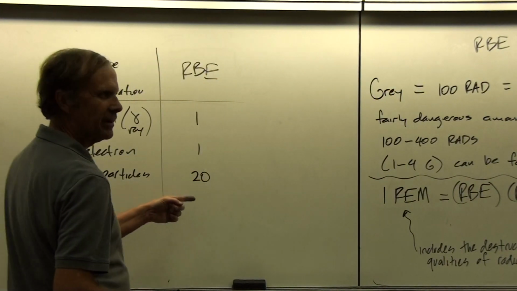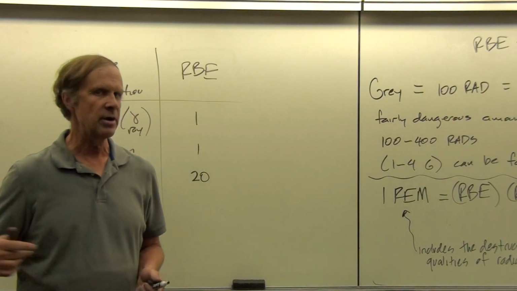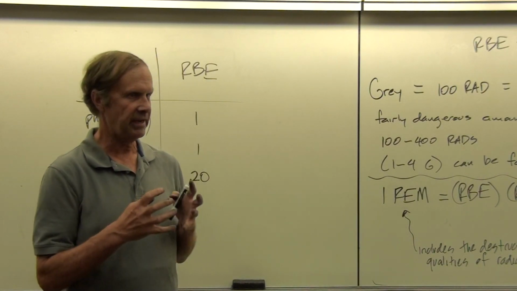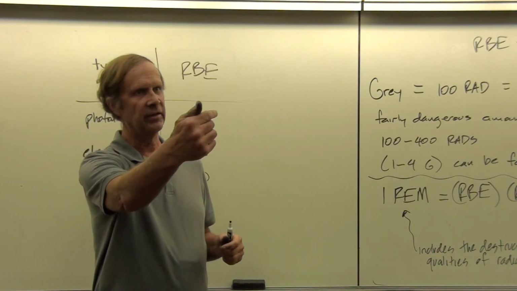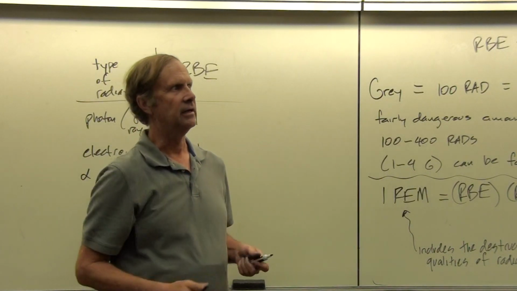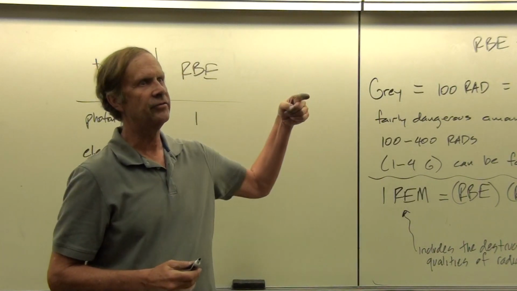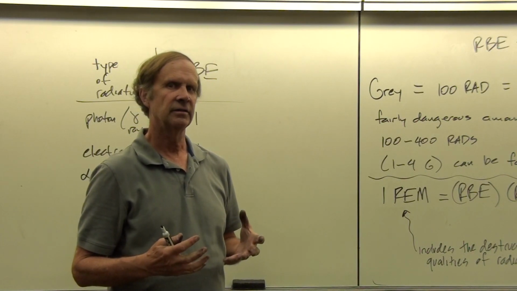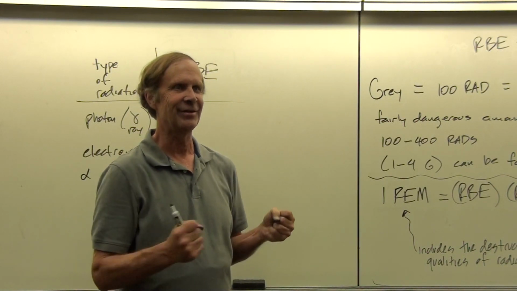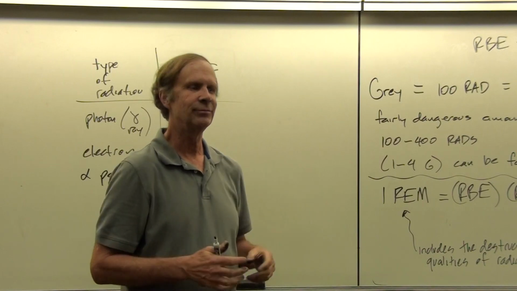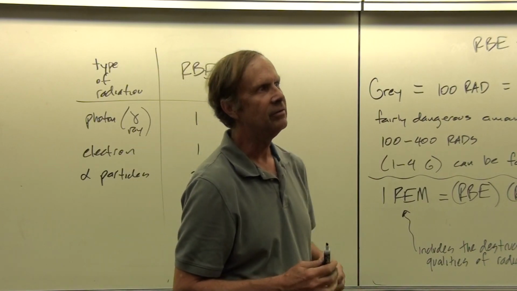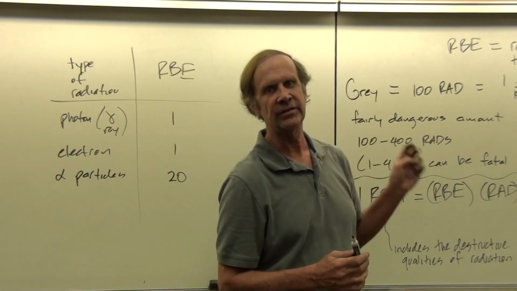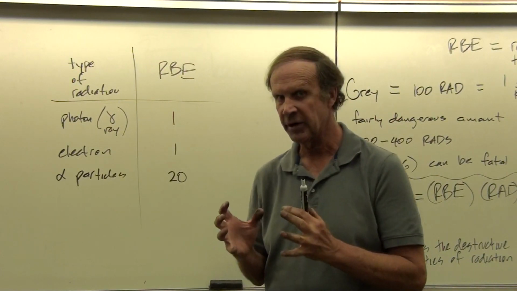Okay, so alpha particles are going to rip right through you. Just imagine, if I have a little bullet fired through that wall, and then you have a big cannonball fired through that wall. What's going to do more damage? Even if they both have the same energy, I think you might agree that the cannonball would, because it's going to just rip right through everything. And so that's what the alpha particle does.